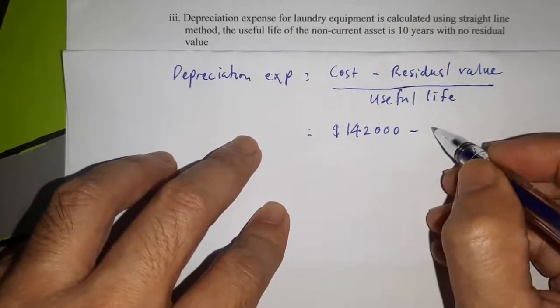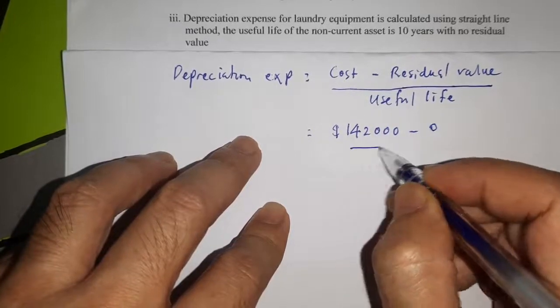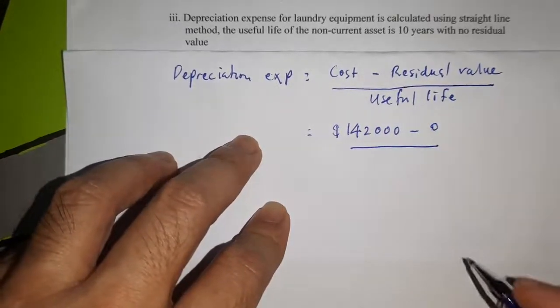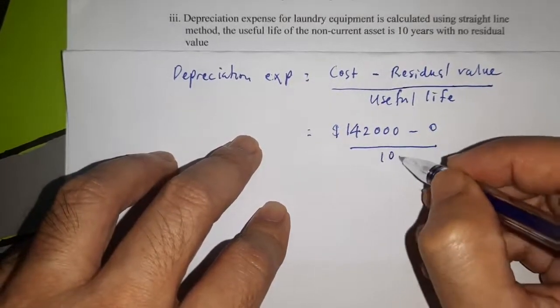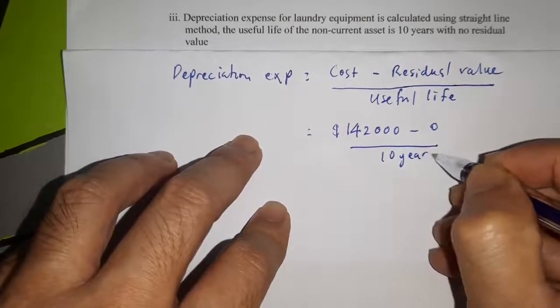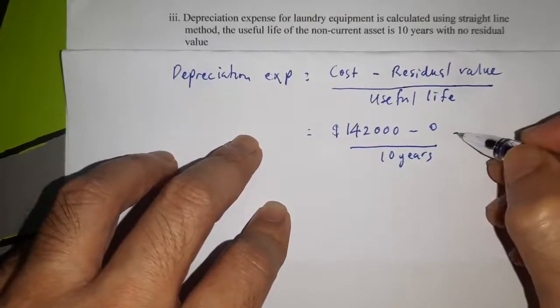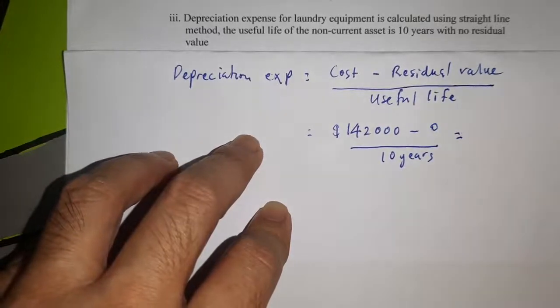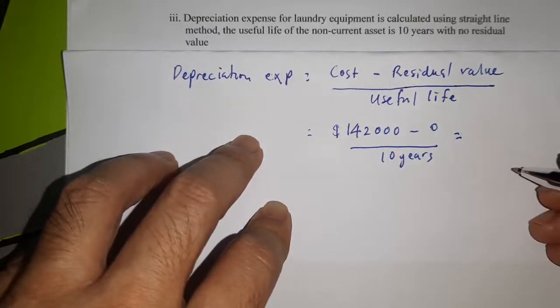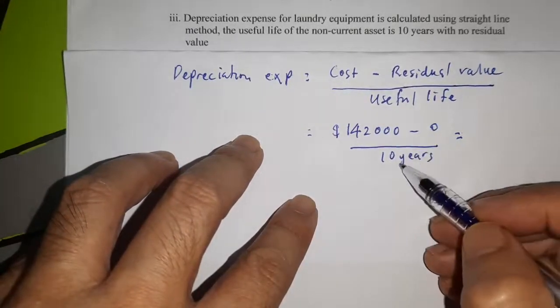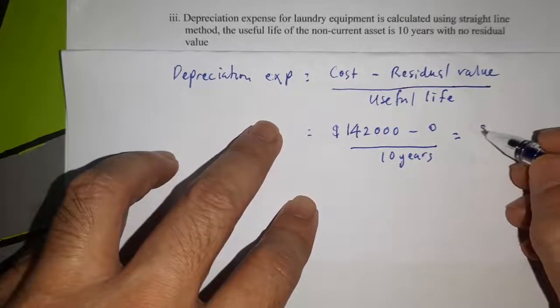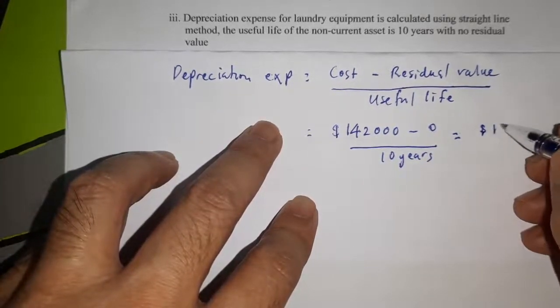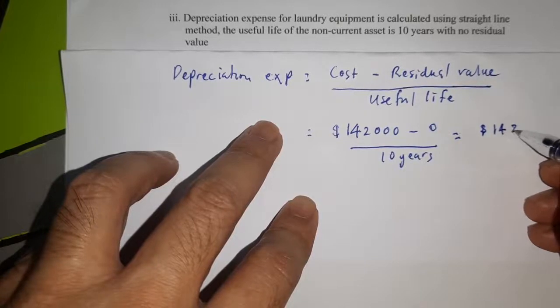The residual value is 0. The useful life in this question is 10 years. So how much is the depreciation expense for the current accounting year? This one divided by this one, so $14,200.